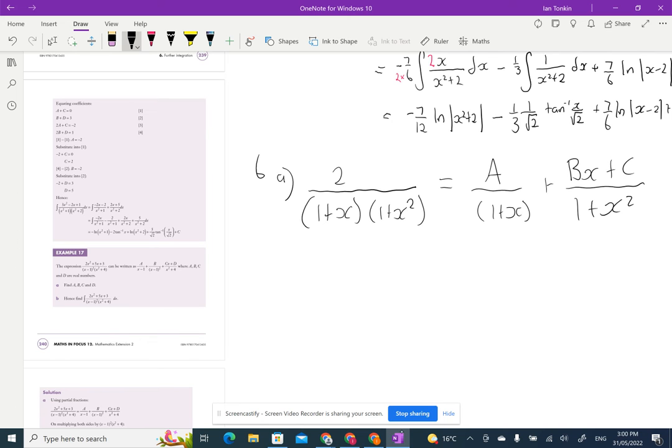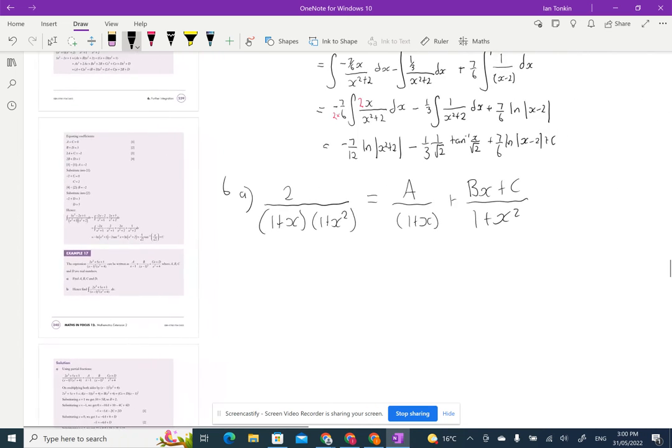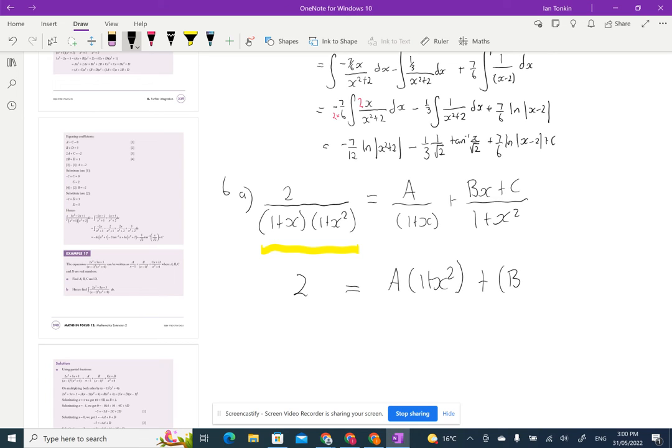All right. Multiply by the denominator in the left-hand side, and that'll leave me with 2 on this side, and I'll get a 1 plus x squared plus bx plus c 1 plus x.